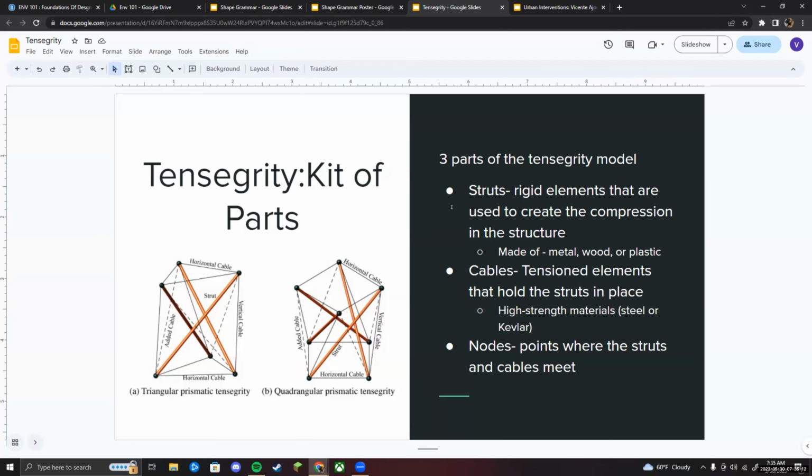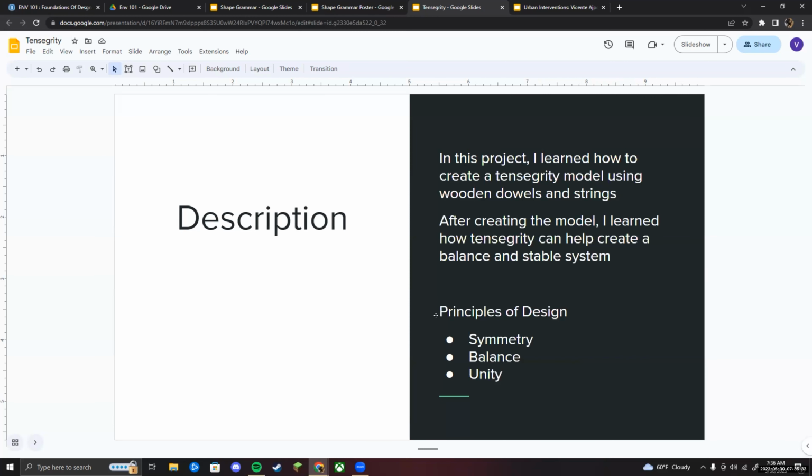The struts are rigid elements that are used to create the compression in the structure. Our struts were made out of wood. The cables are basically tension elements that hold the struts in place. For our project, it was string. And then our nodes were little plastic coverings.